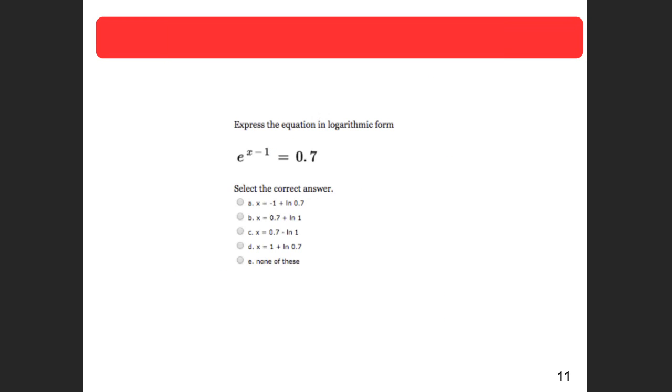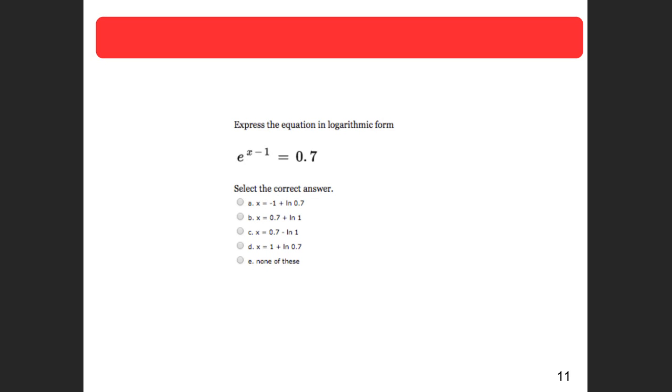All right, let's take a look at this problem. It says, express the equation in logarithmic form. Now, some kids are going to say, but Mr. Shanklin, none of your answers are logs. Why isn't there a log in there? Ah, very good.